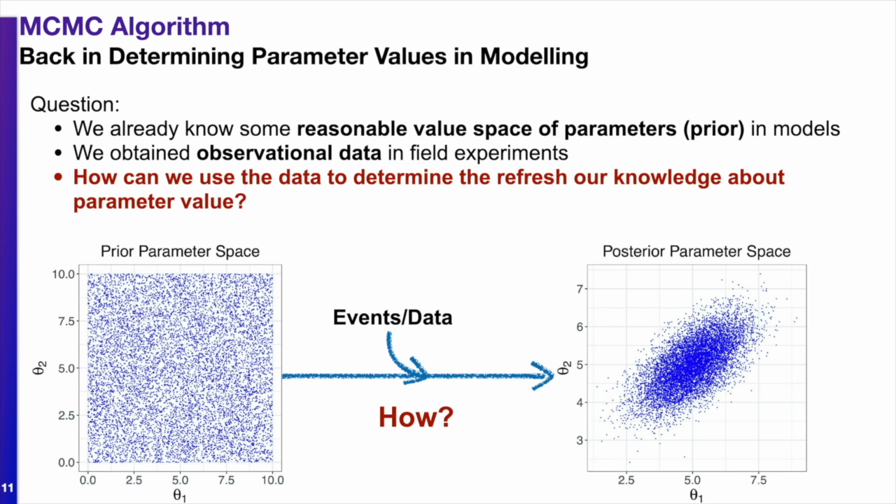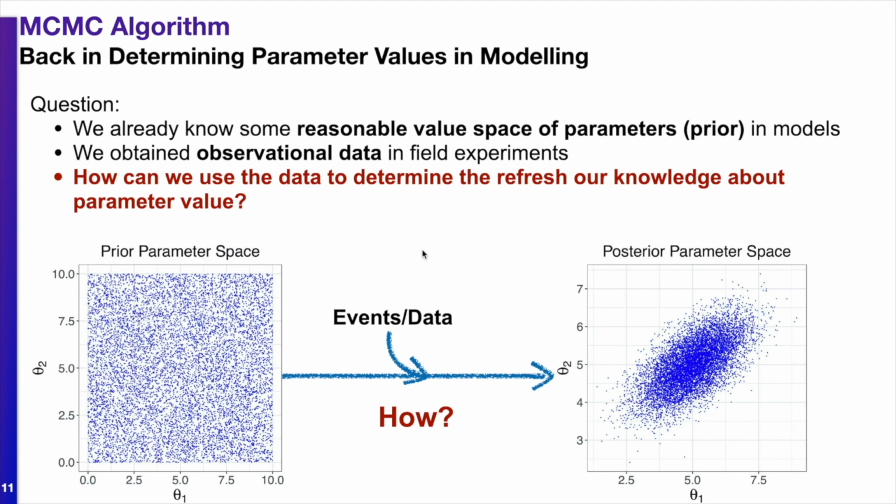So after the introduction of Bayes' theorem, let's discuss a more specific question in modeling. Suppose we have some reasonable value space of parameters in models. We also have observational data in field experiments. We now want to use the new data to constrain the parameter values so that we can optimize model performance.